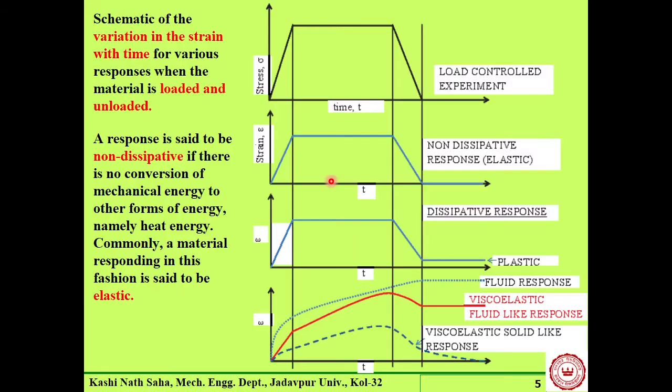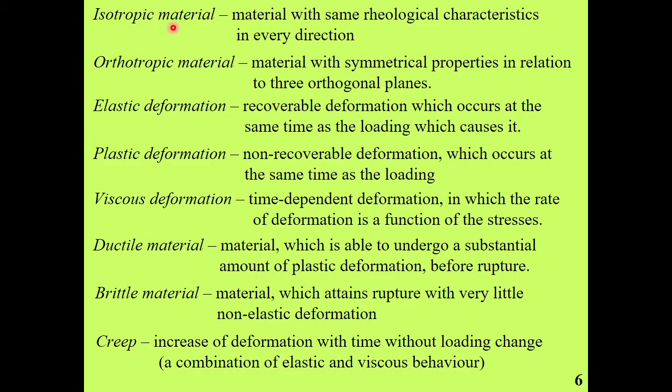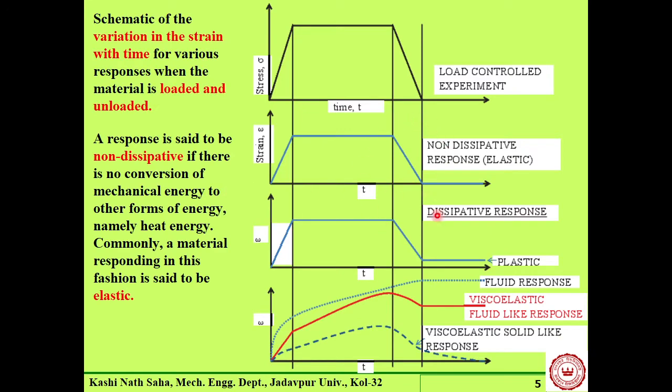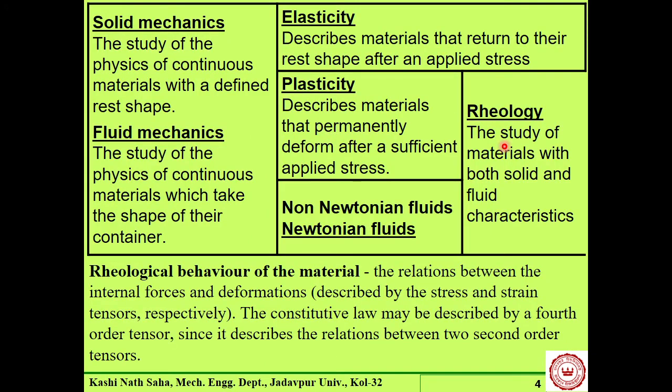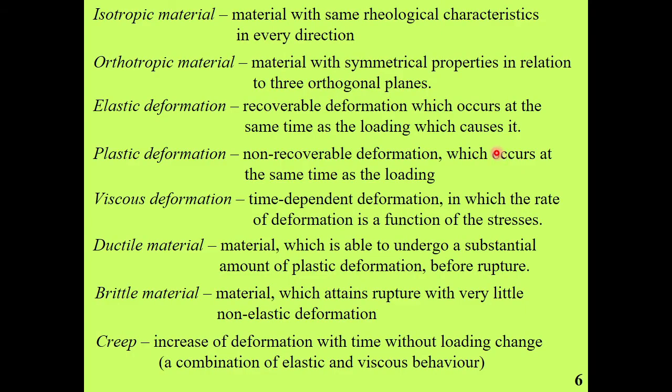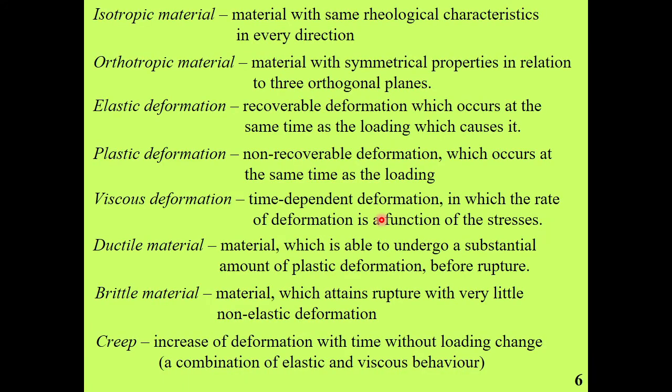Depending on this type of material characterization, we get different types of materials, isotropic, orthotropic, like ceramic, etc., and other material properties like creep, plastic deformation, viscous deformation, from this type of diagrams, which are related to plasticity or rheological studies. Our focus is mainly on isotropic, homogeneous material, as mentioned in the first slide. So, this is the initial part.